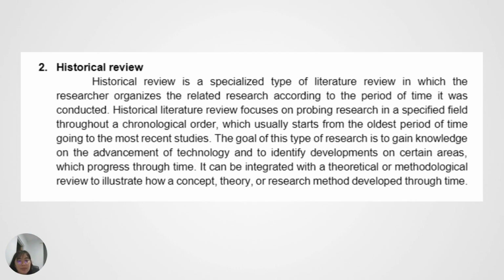The goal of this type of research is to gain knowledge on the advancement of technology and to identify developments on certain areas which progress through time. It can be integrated with a theoretical or methodological review to illustrate how a concept, theory, or research method developed through time.